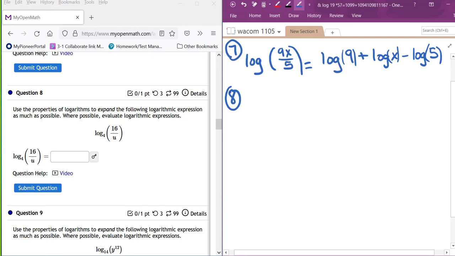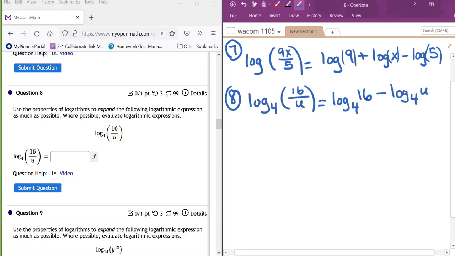Question 8 will have a piece that will simplify, so we'll look at it. So log base 4 of 16 over u. I'm going to expand it, make 2 logs. So the log base 4 of 16 minus log base 4 of u. You can rewrite 16 as 4 to a power.